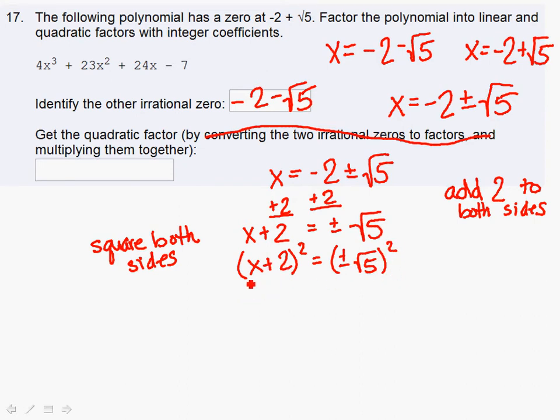So let's go ahead and work this out. x plus 2 squared is x squared plus 4x plus 4, and that equals 5. Then I'm going to subtract 5 from both sides.